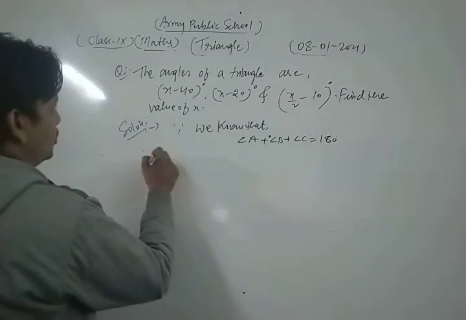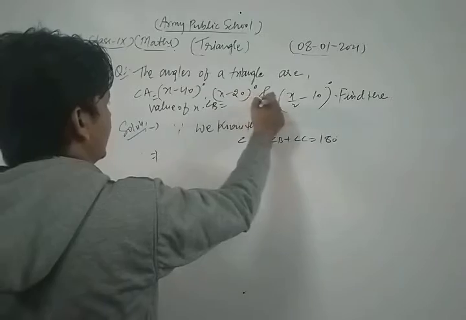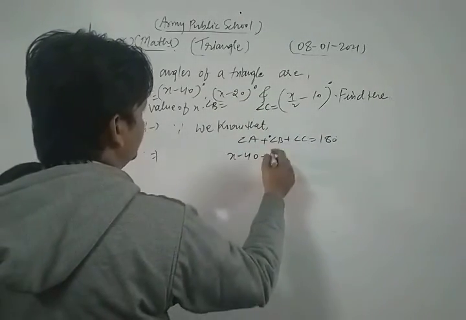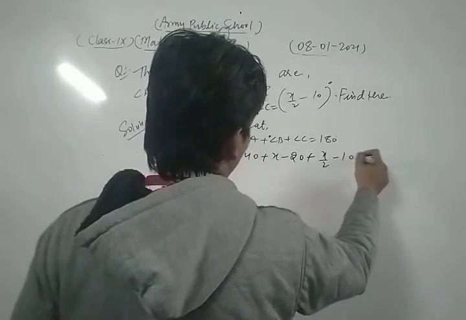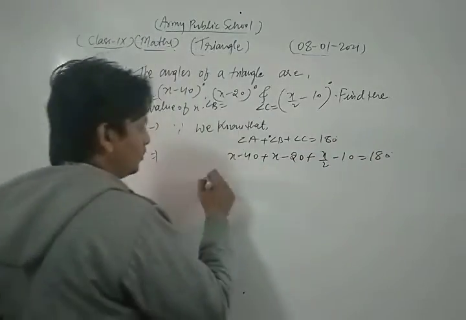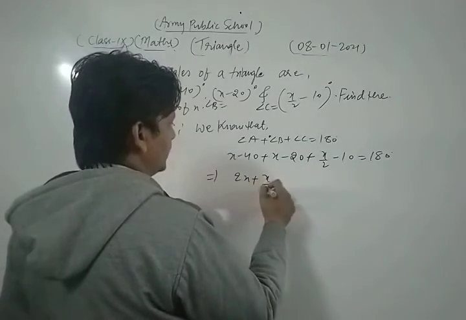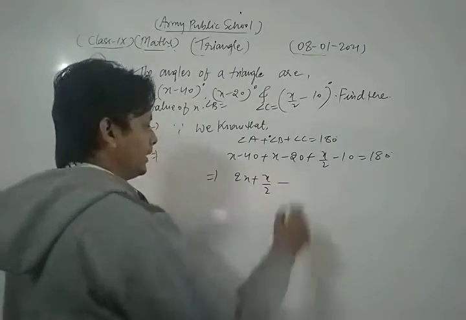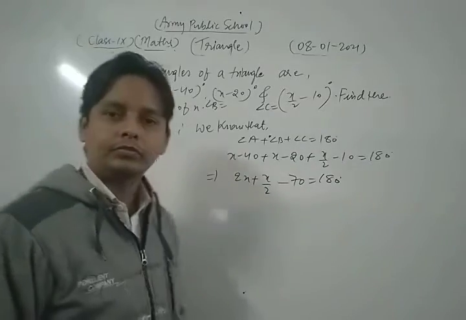So here angle A is x minus 40, angle B is x minus 20, plus angle C is x by 2 minus 10, equal to 180. Now 2x plus x by 2, minus 60, minus 10, minus 70, is equal to 180.